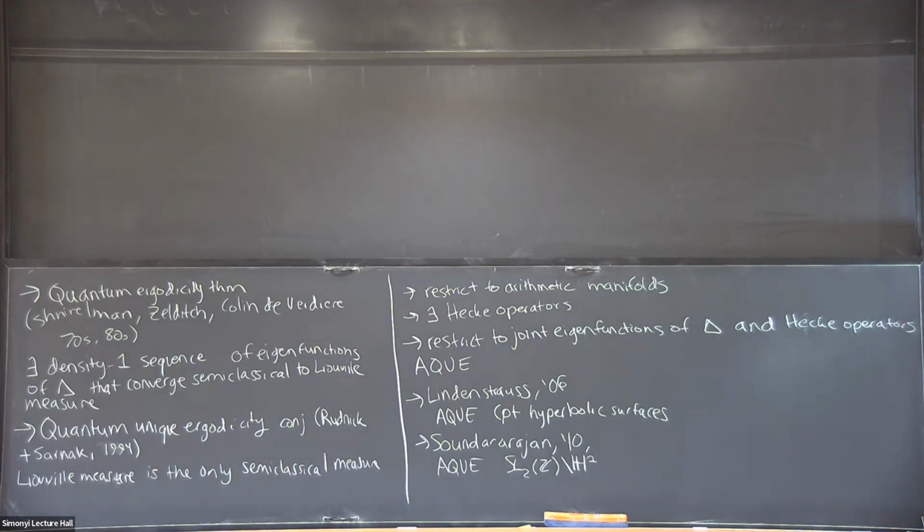Then more recently, we have some results in higher dimensions. Due to Hashemi and Silberman, in 2022, we now have arithmetic quantum unique ergodicity for compact hyperbolic 3-manifolds, of course.